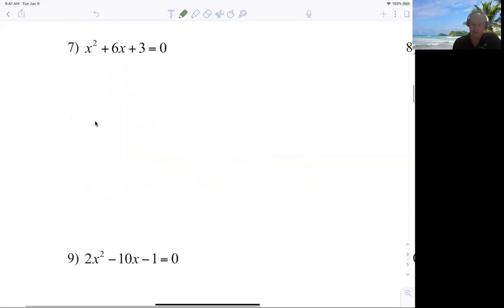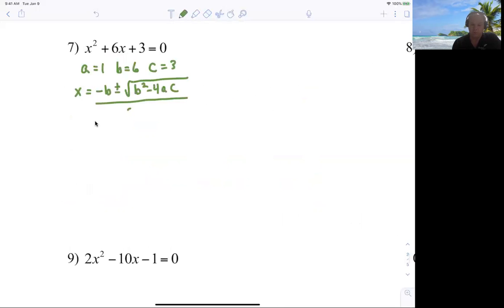Same process. I want you to identify a equals 1, b equals 6, c equals 3. Write the equation. X equals negative b plus or minus square root b squared minus 4ac all over 2a. X equals negative b, which is negative 6, plus or minus the square root.